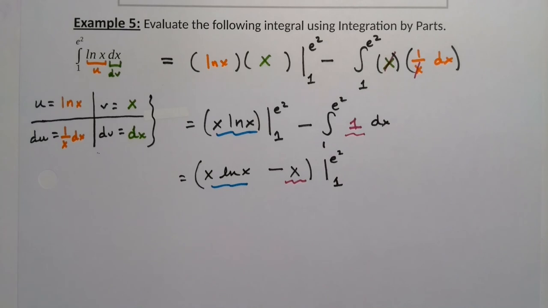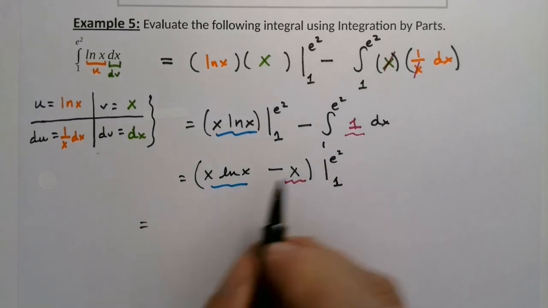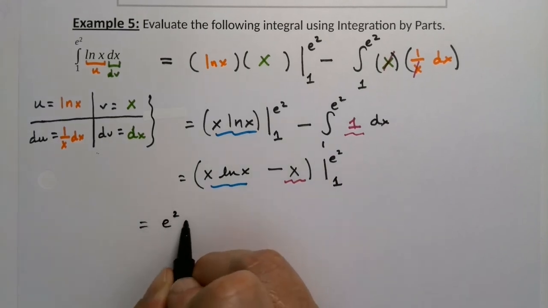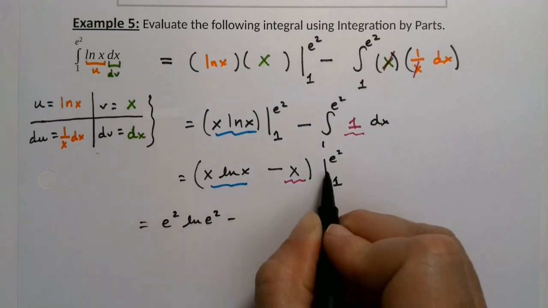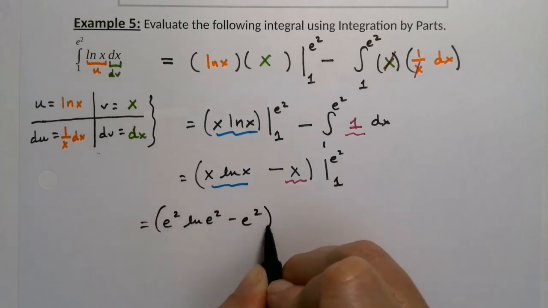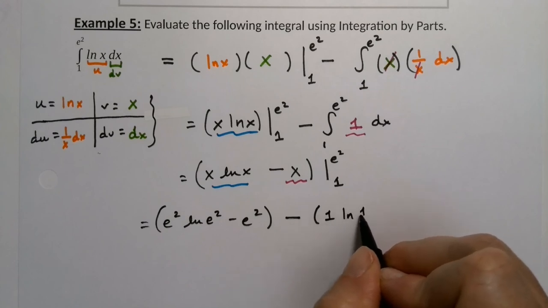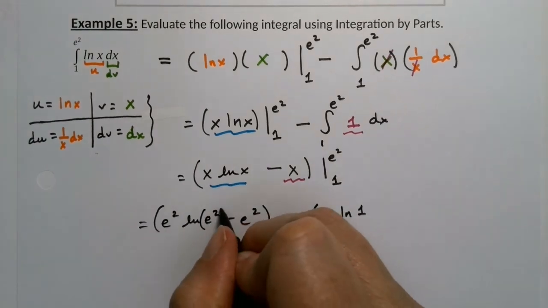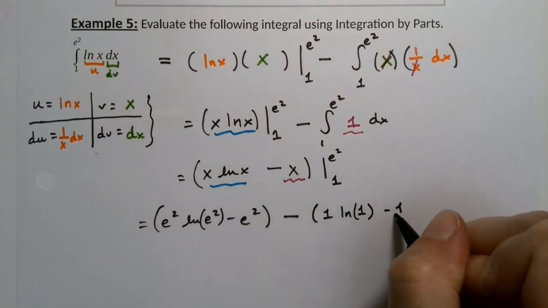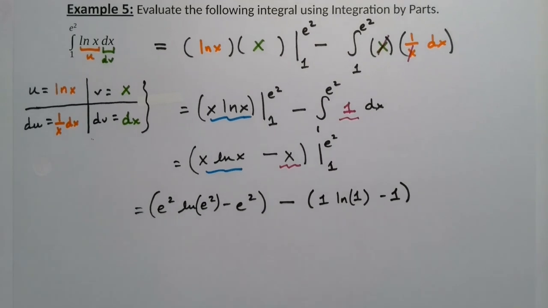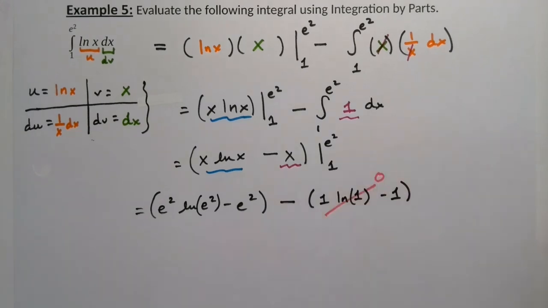Okay, so then that means that I want e squared to go in. So it'll be e squared natural log of e squared minus e squared. Right, so there's e squared in there, minus, and then 1 natural log of 1 minus 1. So here is the e squared piece, and here's the 1 piece. Now the natural log of 1 is actually 0. So this piece turns into 0.